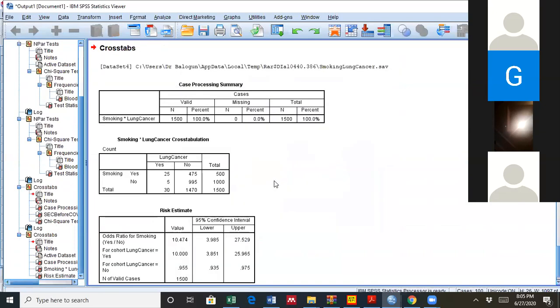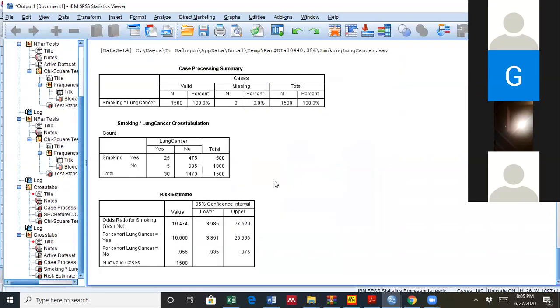Okay. Yes. You can see the same table I was showing you in the slide. 25 people out of 500 people that are smoking developed lung cancer, 475 did not. Out of 1,000 people that are not smoking, 5 developed lung cancer, 995 did not.